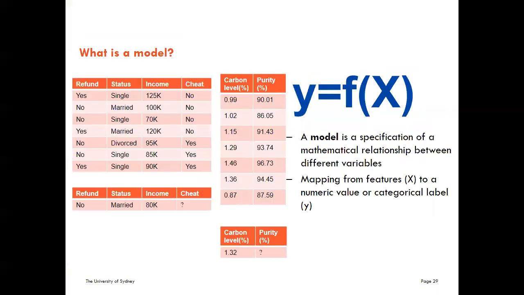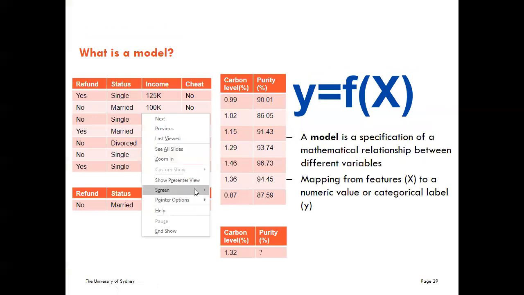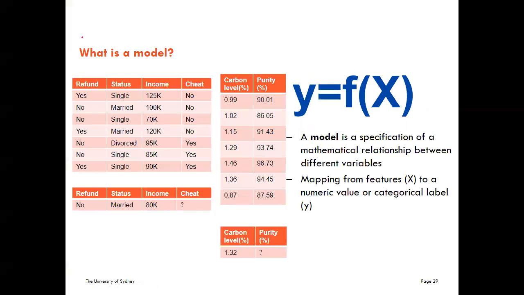It could be something like this, where you have this table of values. So let me grab my pointer here. It'd be nice to draw with a pen. So this is our data. Here we know the refund status of a person, the income of the person, and we have the label for each row.